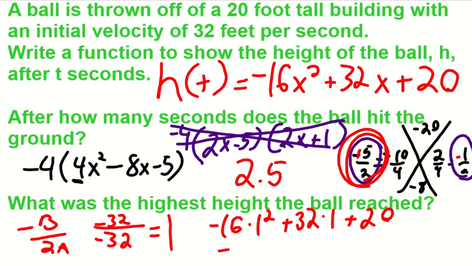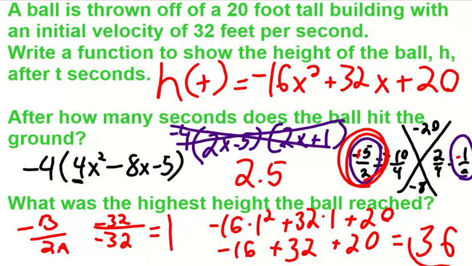Negative 16 times 1 obviously is negative 16. 32 times 1, 32, plus 20. Negative 16 plus 32 is 16. 16 plus 20 gives me 36. That'd be the answer for there.